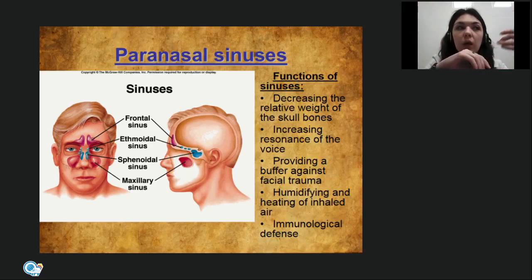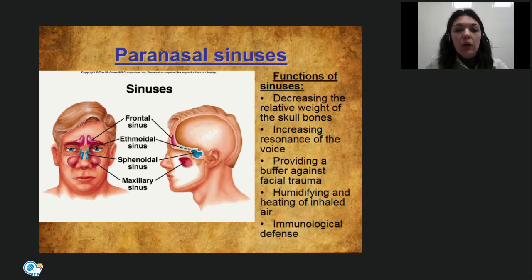Like, there are rooms where sound spreads well, and there are rooms where sound doesn't spread at all. So the sinuses increase resonance of our voice. It sounds louder, it sounds somehow brighter due to the presence of sinuses.